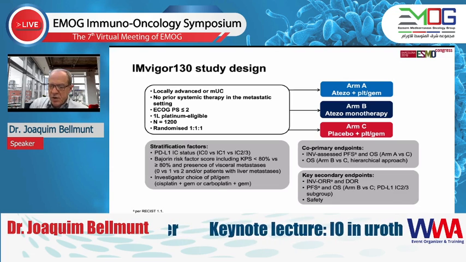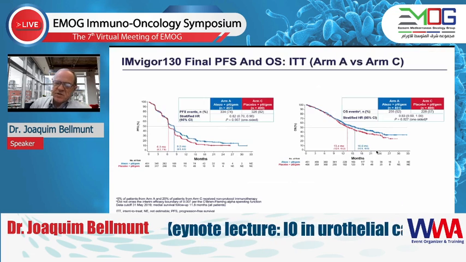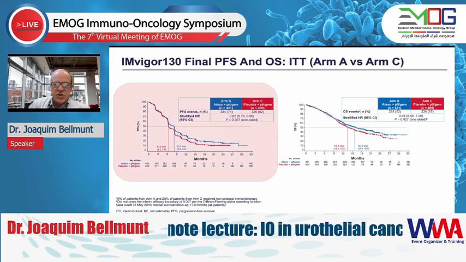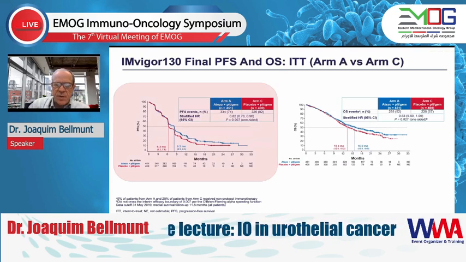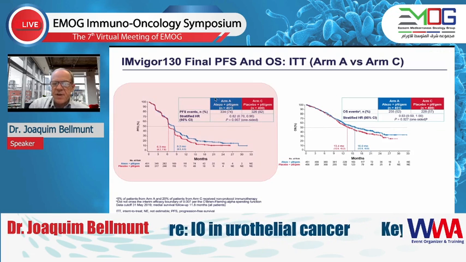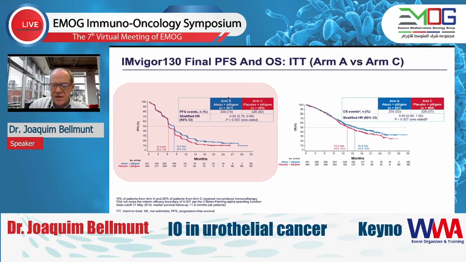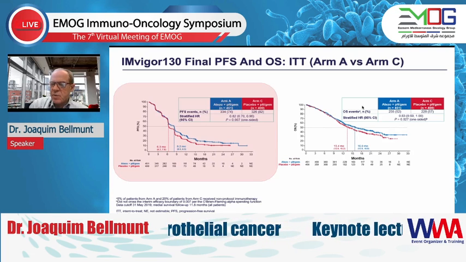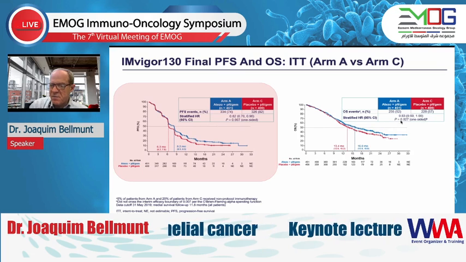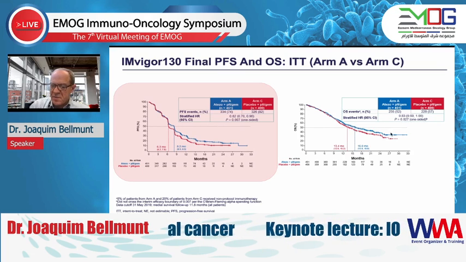The primary endpoints were progression-free survival and overall survival. The results presented at ESMO initially showed that progression-free survival was significant in patients receiving chemotherapy plus immunotherapy, atezolizumab plus platinum-gemcitabine or carboplatin-gemcitabine. However, survival was not statistically significant, despite this p-value, because this was an interim analysis.